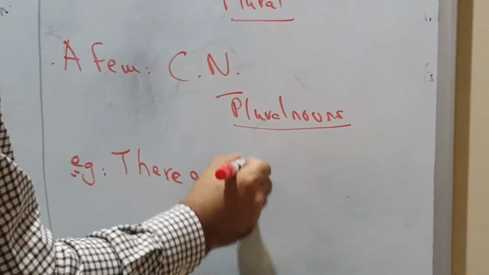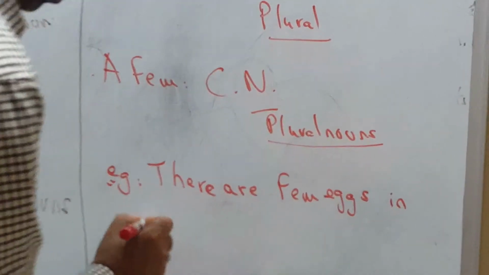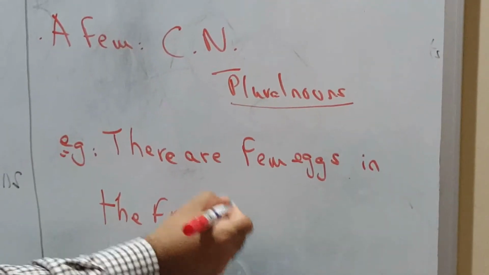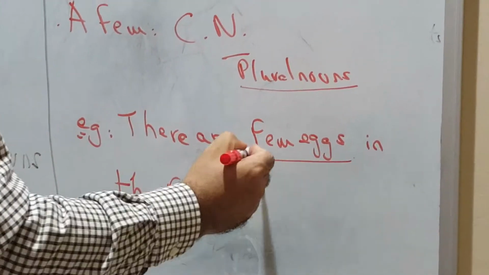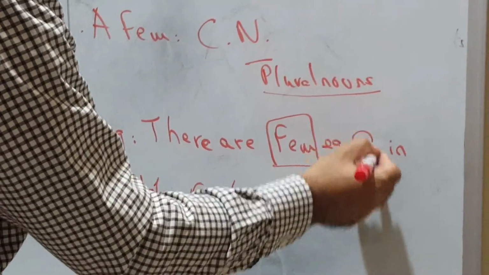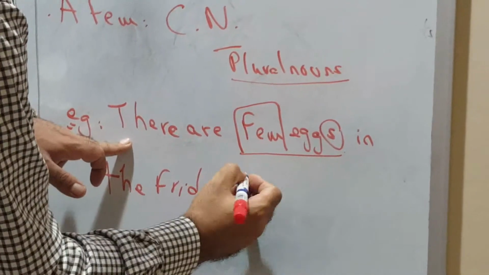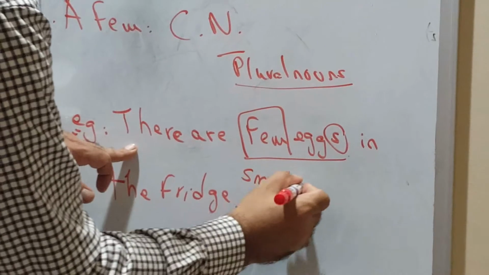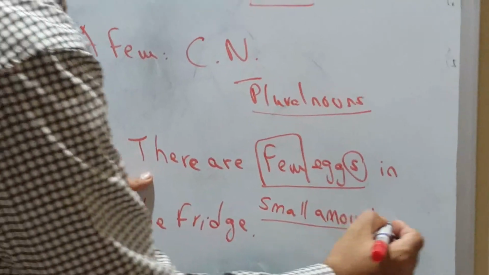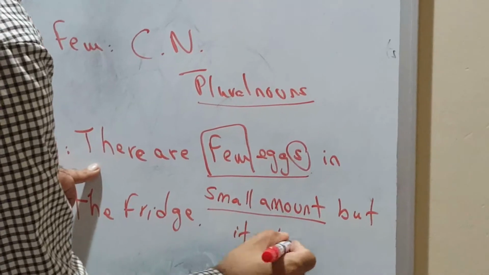There are few eggs in the fridge. Few eggs. Well, few is followed by the noun eggs, which is the plural noun. So the meaning here is that the amount is small and it is not enough.